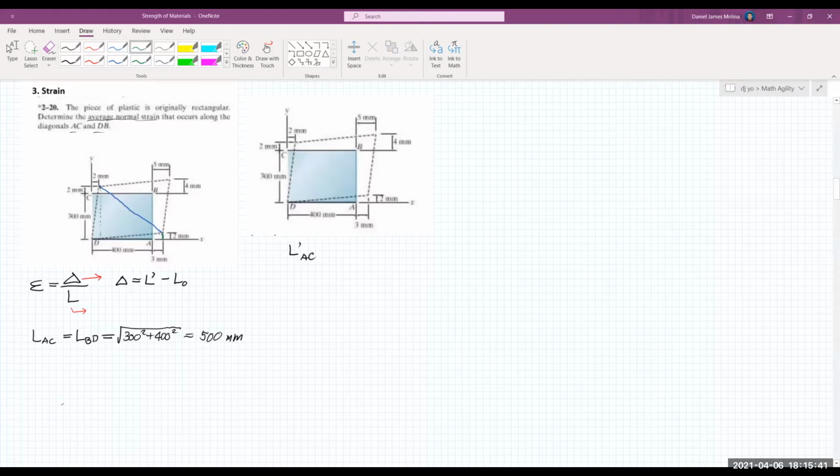If we project downwards the endpoints, we can see that this horizontal length here, let's say x, and this vertical length here, let's say y, will give us the deformed length.